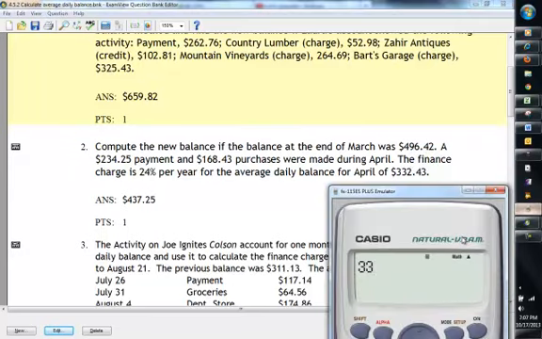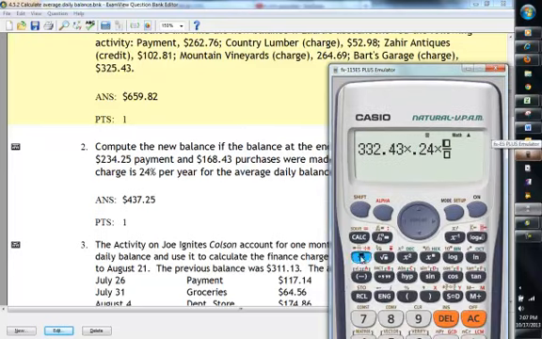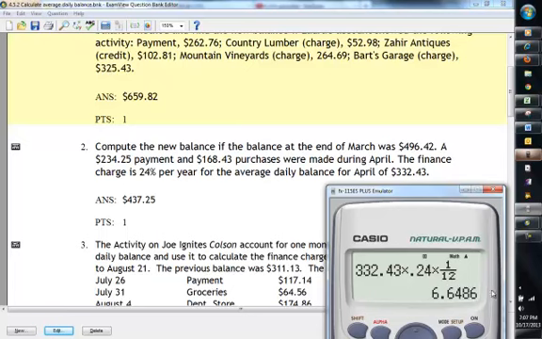Let's calculate the finance charge, $332.43 times the 24% times 1/12 of a year is $6.65.